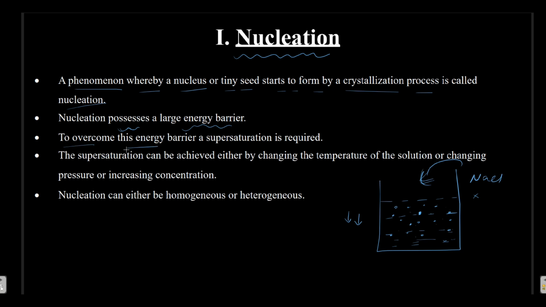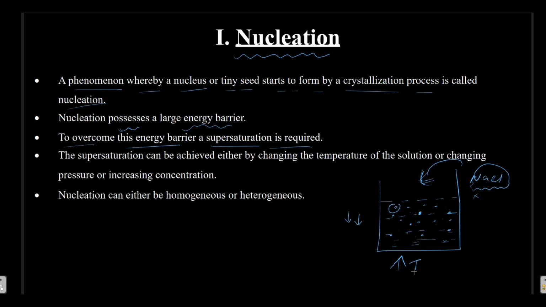Now to overcome this energy barrier, that is to initiate the nucleation, that is to form the tiny seed, supersaturation is required. I have already told you what supersaturation is. That means more and more sodium chloride will be added until it stops getting dissolved. That is the saturation condition.